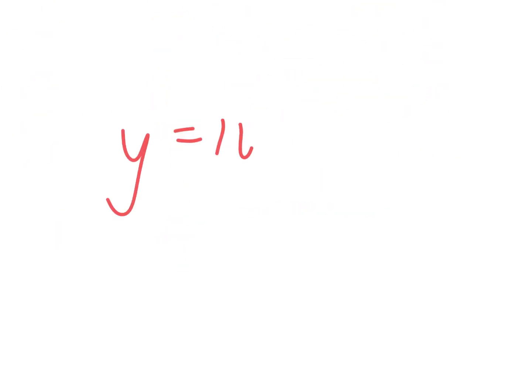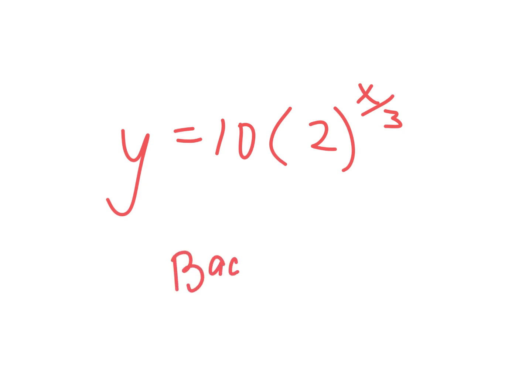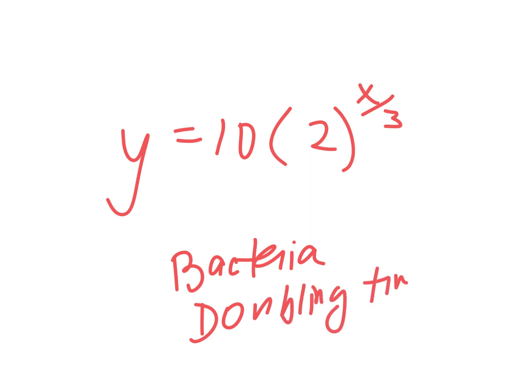Y equals 10, parentheses 2 to the x over 3. If I said this was about bacteria and that x was in minutes, doubling time is in minutes, do you get in 3 minutes it's going to double from 10 to 20?